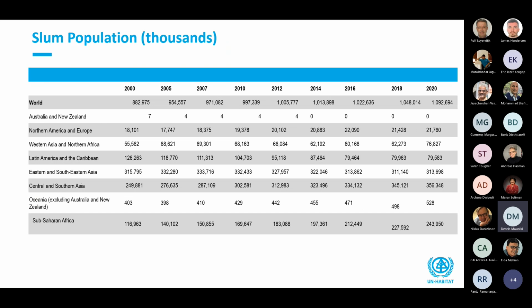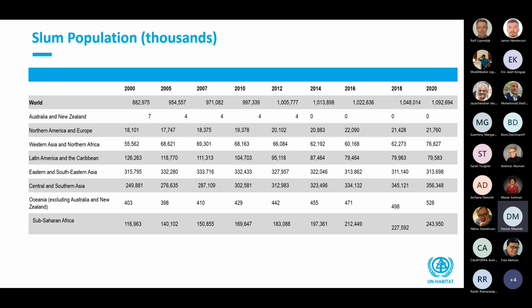In terms of actual numbers, I mentioned that we've recorded a consistent increase. So while we recorded a proportional decline in the proportion of population living in slums, the actual numbers have actually been increasing, of course, pointing to more people going into cities and people moving into these sort of settlements that are categorized as informal.